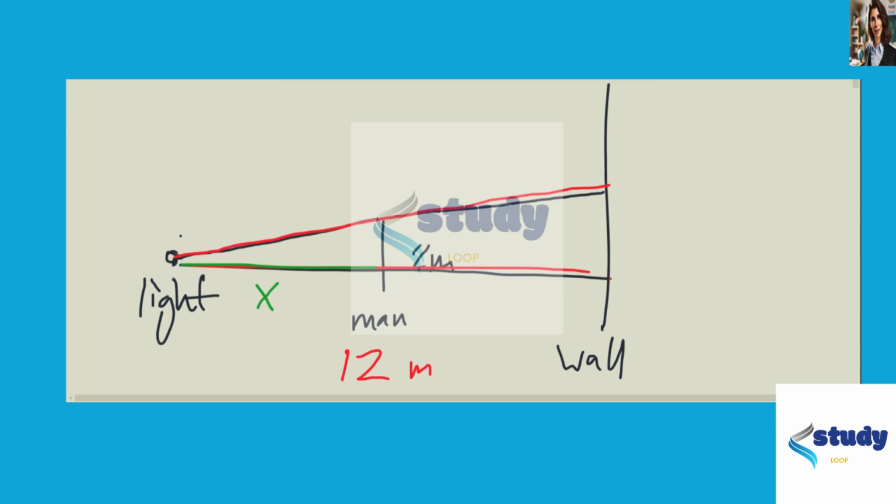And the distance from the man to the wall, at this instant, we're told he's 4 meters from the building. And I'll call the height of the shadow on the wall y.